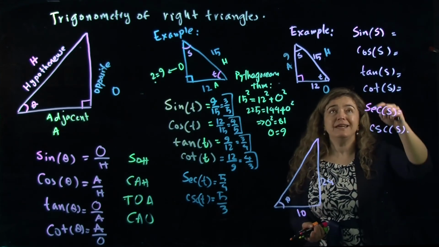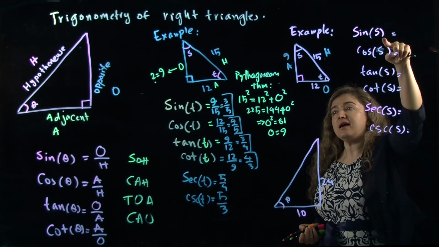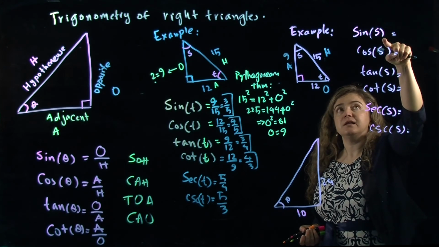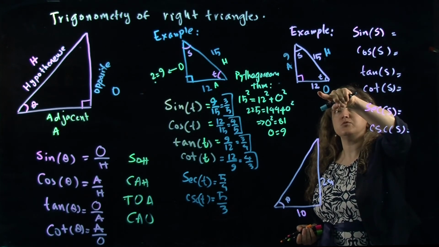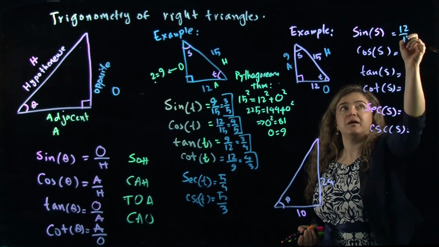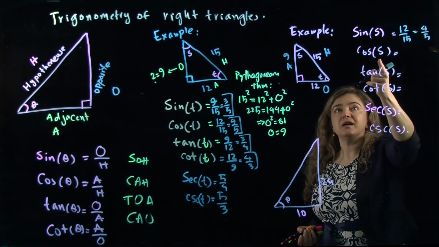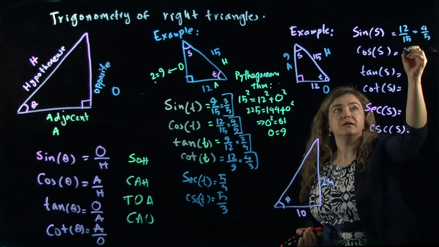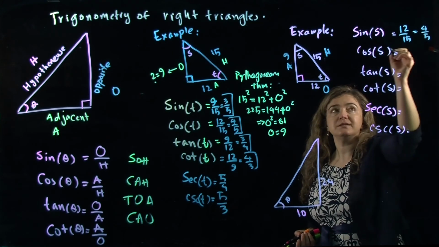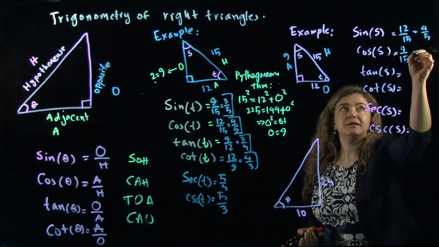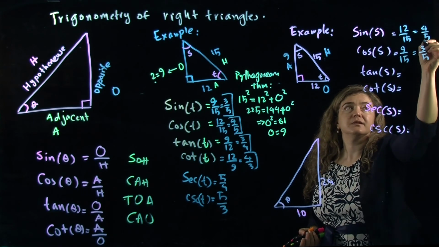Now, when I'm finding values, sine of s is going to be, this time, the opposite, 12, divided by hypotenuse. It's going to be 4/5. The cosine of s is going to be the adjacent divided by hypotenuse. That's 3/5.